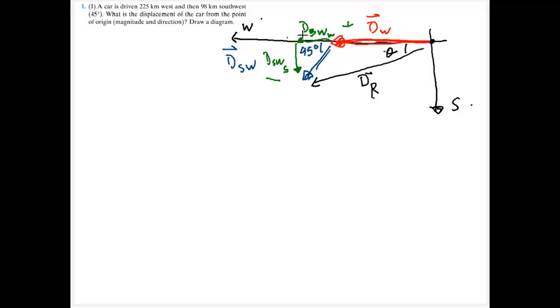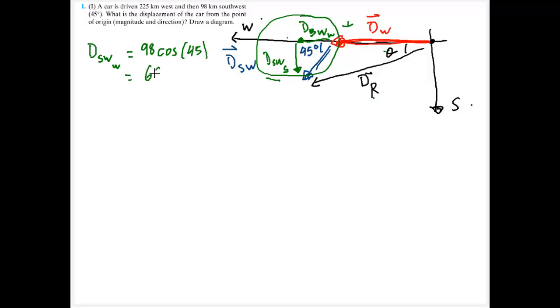So let's take a look at this triangle right here. It's a 45 degree triangle, so I can write d southwest in the westerly direction. That is the adjacent side of the triangle, so it's going to be the hypotenuse multiplied by cosine of 45. Hypotenuse is 98 kilometers, d southwest, multiplied by cosine of 45.